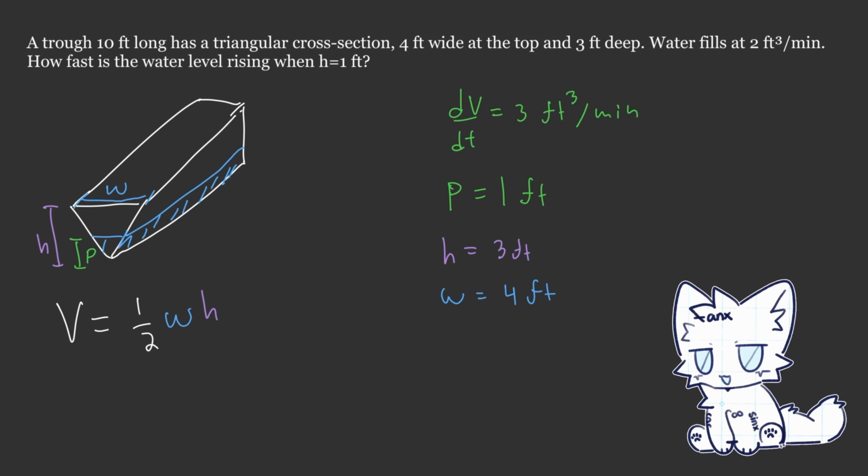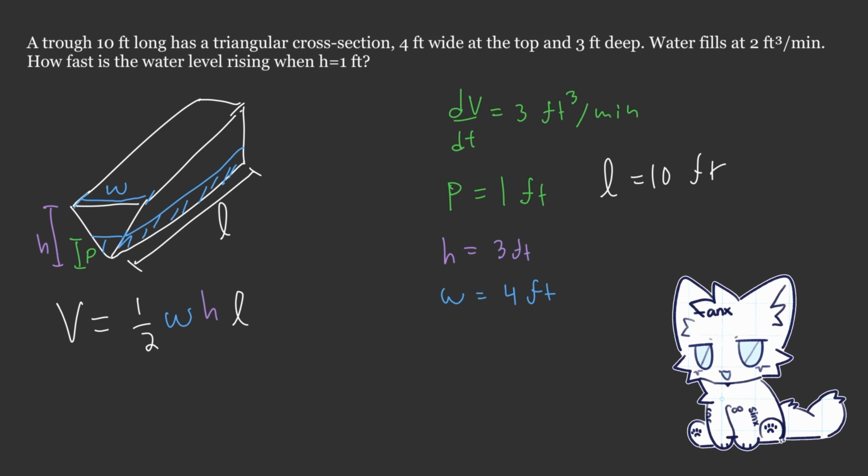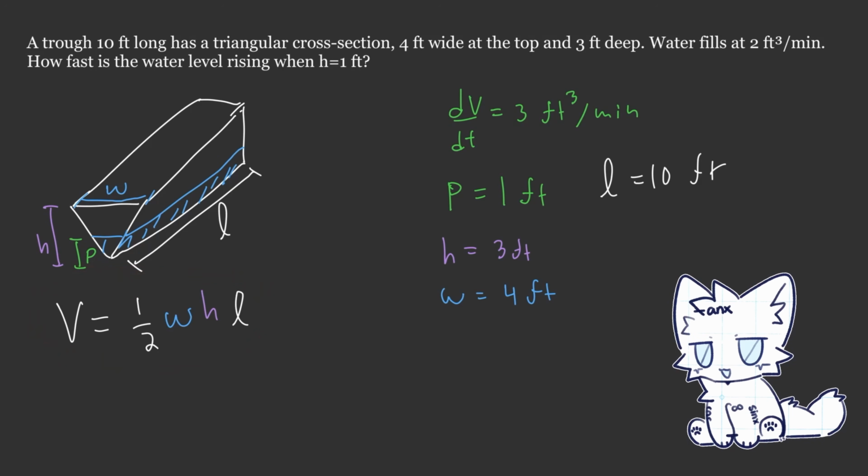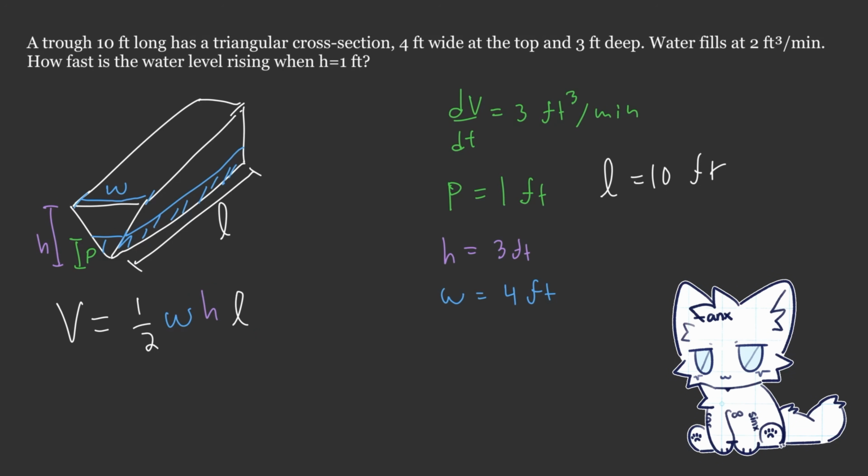Oh, I forgot to say that this trough has a length of L, which is 10 feet. Okay, now we have our equation and we're trying to find the change in height.